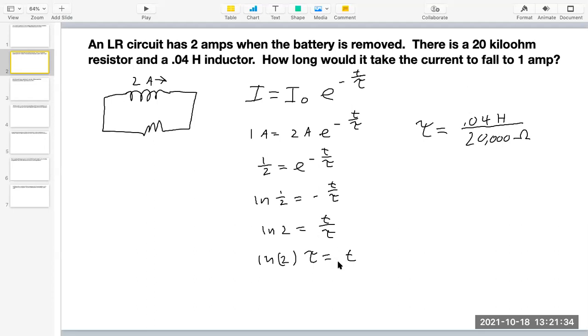So plugging it all in, I got about 1.4 microseconds.